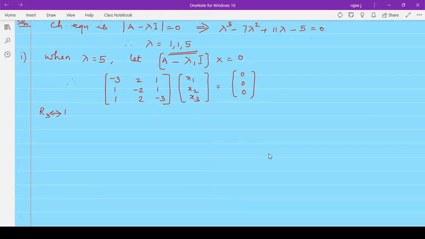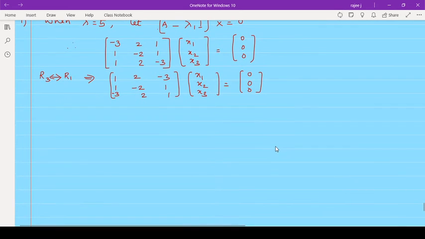R3 and R1 I am interchanging, to reduce the difficulty level, that only. So we get 1, 2, minus 3, 1, minus 2, 1, and minus 3, 2, 1, and x1, x2, x3 equal to 0, 0, 0. R1 and R3 are interchanged.